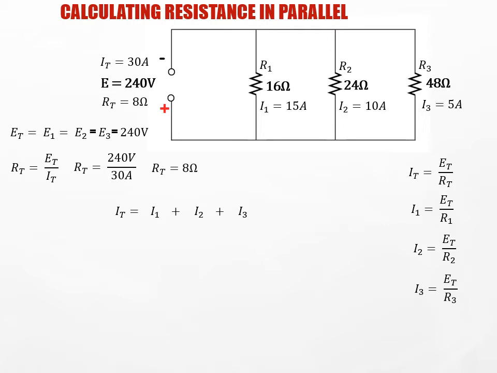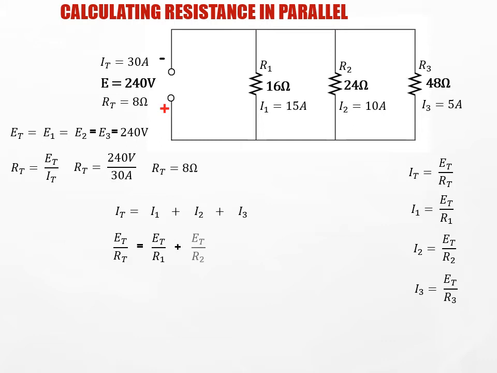Using the application of substitution and algebra, we could substitute the value of IT for how we could calculate IT, where IT is really equal to ET over RT. And then we could substitute I1 for ET over R1.